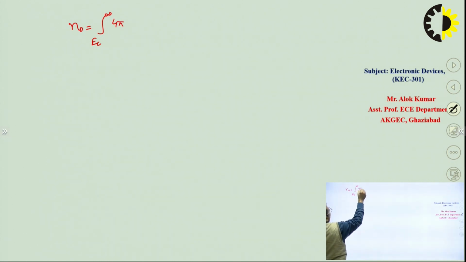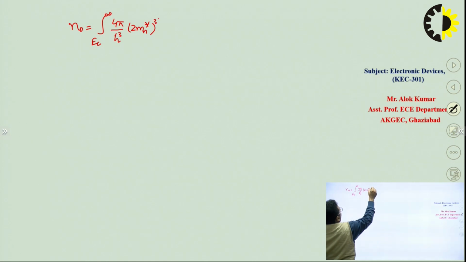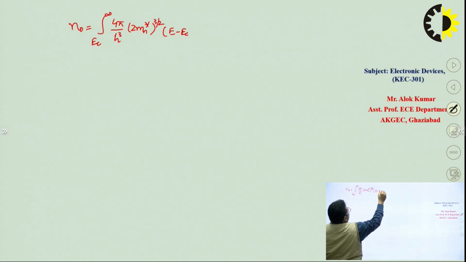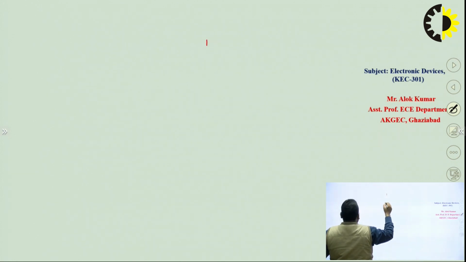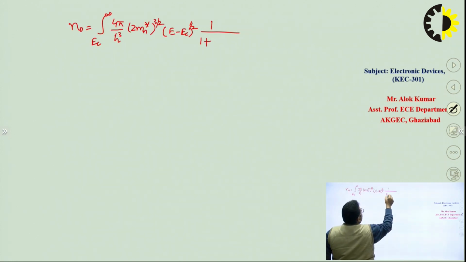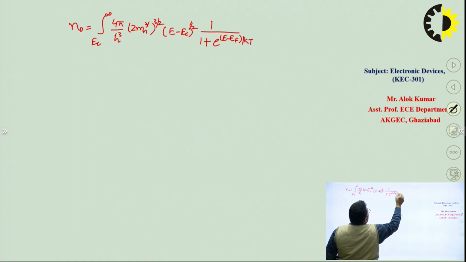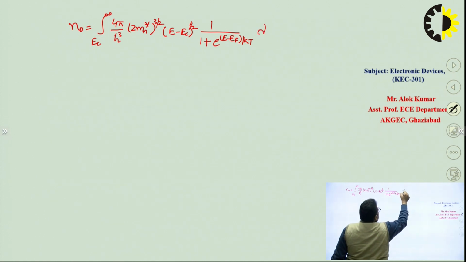It was 4 pi upon h cube into (2 m n star) to the power 3 by 2 into (E minus EC) to the power half into 1 upon 1 plus e to the power (E minus EF) upon KT, and we are integrating it with respect to dE.